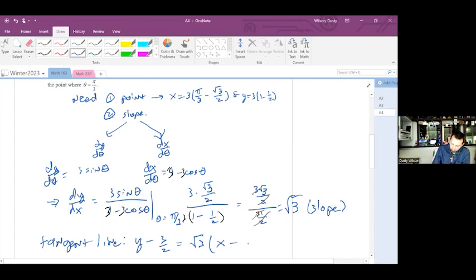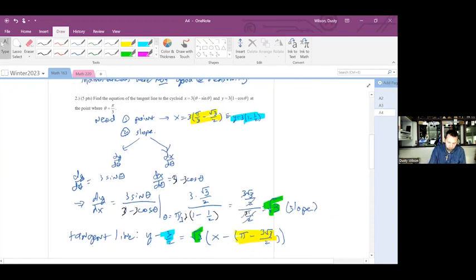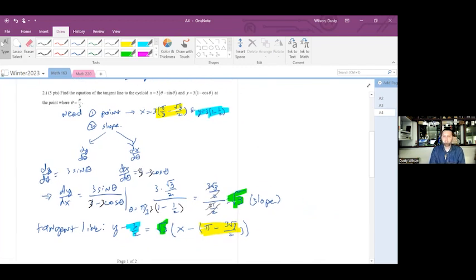It looks like it's going to be pi minus 3 root 3 over 2. So the x value is showing up here, the y value is showing up here, and the slope is showing up there in our point slope form. So there is the equation of the tangent line to the cycloid.